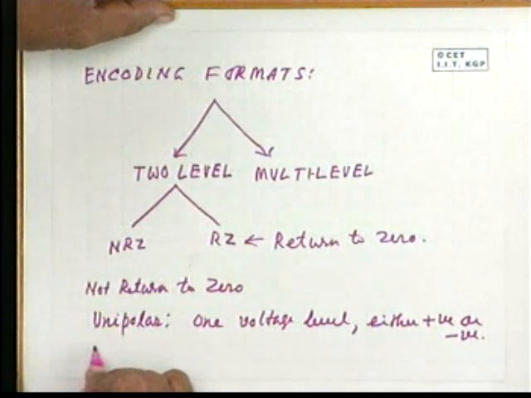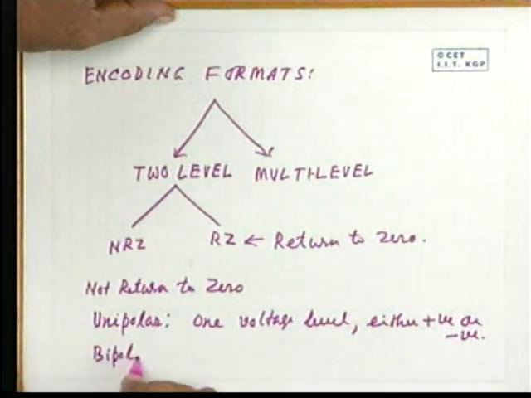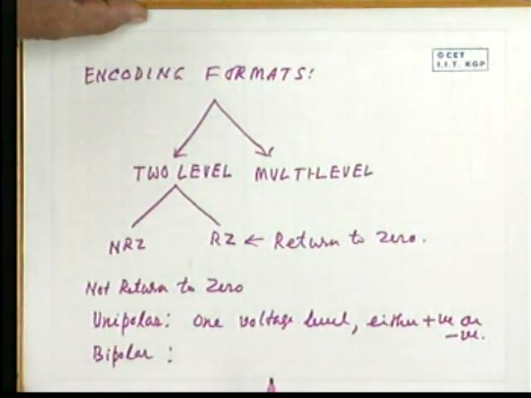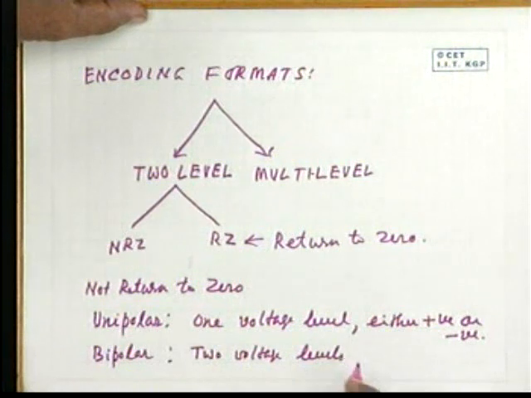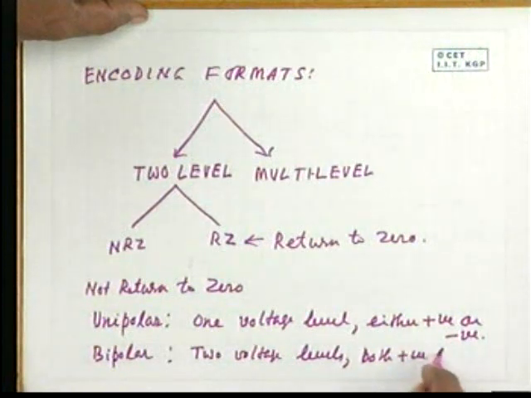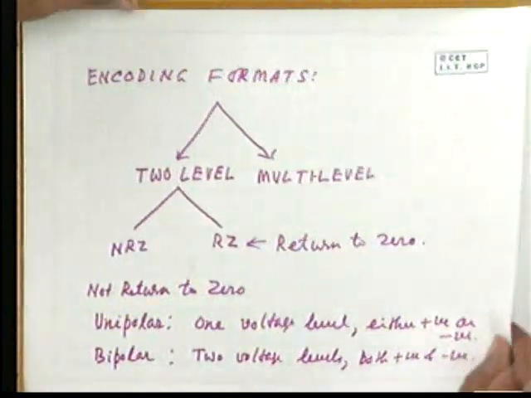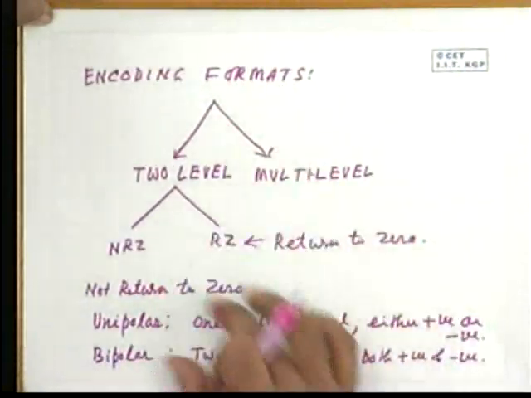Or it can be bipolar, where two voltage levels will be used. That means it can have both positive and negative voltage levels. So these are the various possibilities.